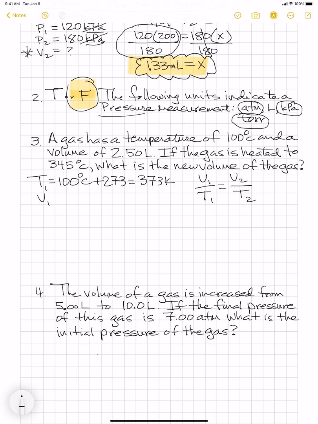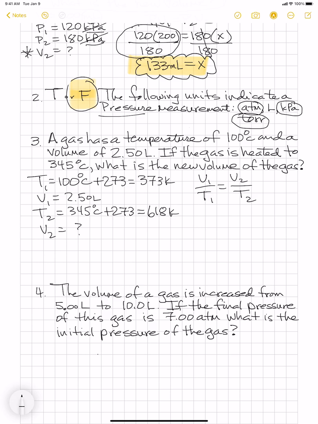Okay, so V1 is then going to be 2.50 liters. T2, okay, there's a new temperature, and that's a high temperature, 345 degrees Celsius plus 273. Just do the math right now and get your values so that you don't forget to change it to Kelvin.